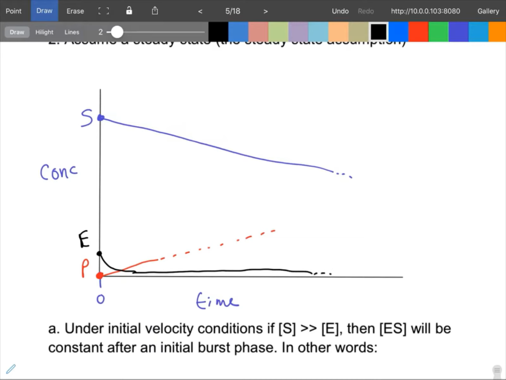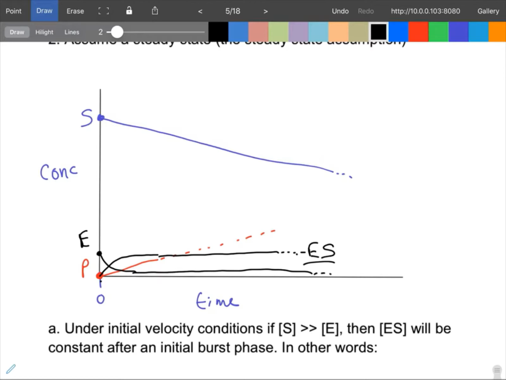And then another species, the enzyme substrate complex, is 0 to start, but it increases and then achieves some level like this, whatever it happens to be. That's the enzyme substrate complex, ES.